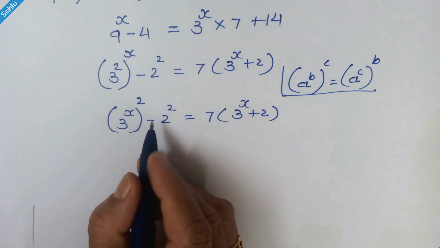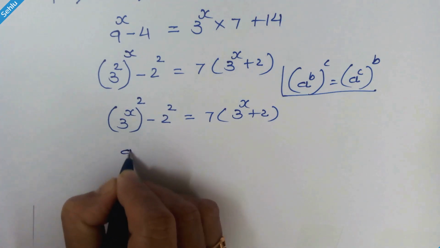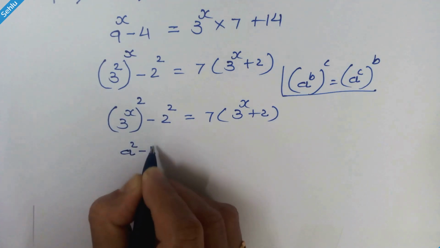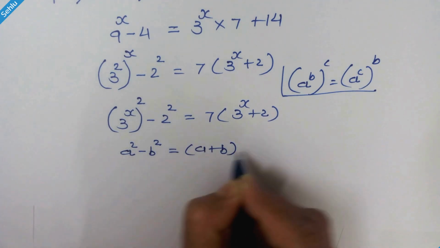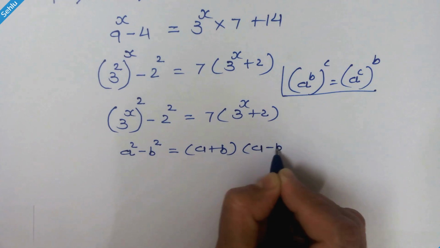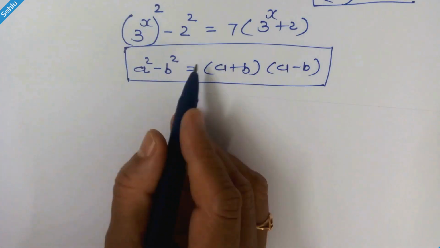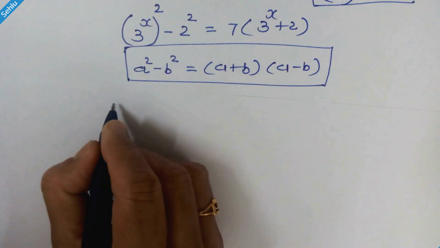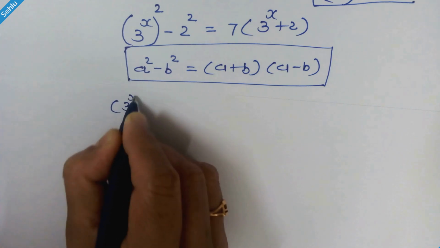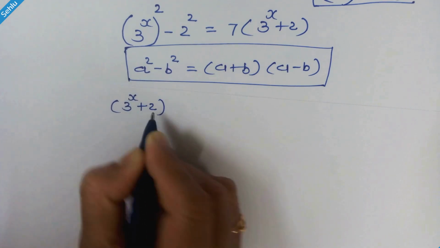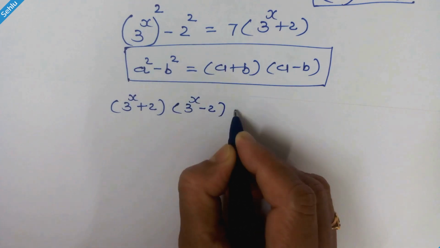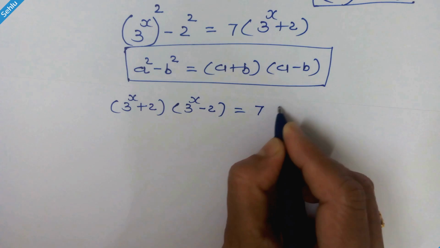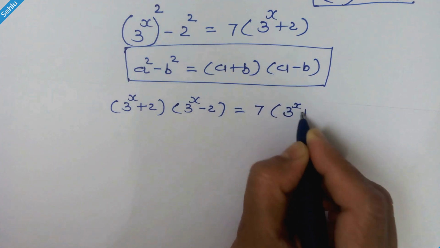Now this is an identical situation like a square minus b square is equal to a plus b times a minus b. According to this rule, this part can be written as (3 raised to x plus 2) times (3 raised to x minus 2) is equal to 7 times (3 raised to x plus 2).